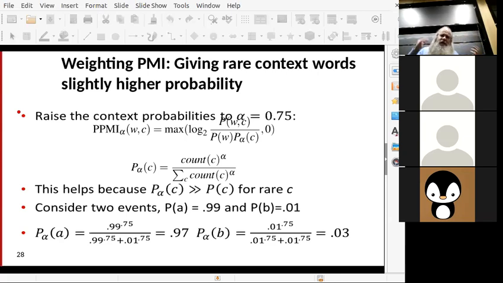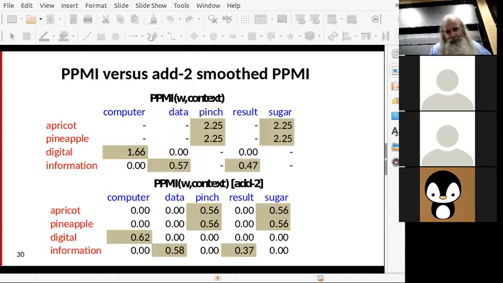In other words, it has the effect of caring about the low frequency words better than the high frequency words. For the high frequency words, it's okay if you flatten them a little bit because you have better ways of estimating with them. But for the low frequency words, you want something that tells you a little better. So things like add-one smoothing before you calculate pointwise mutual information typically do a little bit better. Okay, so again, a bunch of math. We can do this. It flattens the numbers a little bit.